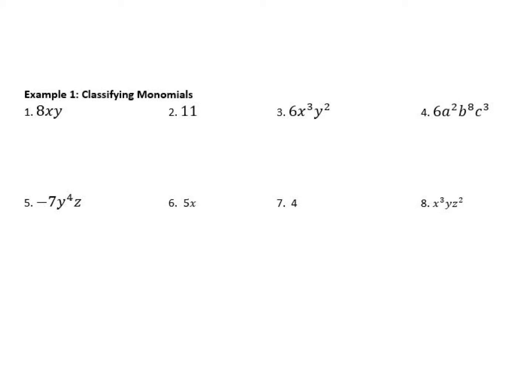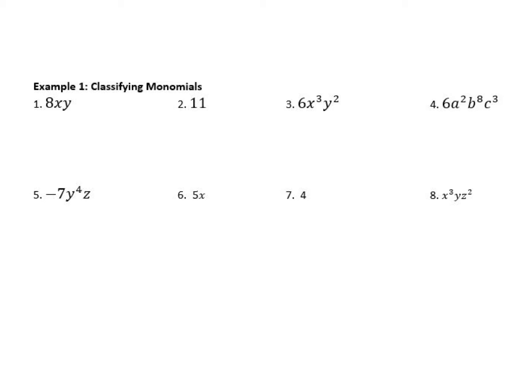When we look at classifying monomials, what we're really referring to is the degree. So we're going to be trying to look for our degree. Our degrees work a little differently depending on how they're set up. If we're only looking at one variable, it's either going to be constant, linear, quadratic, or cubic.